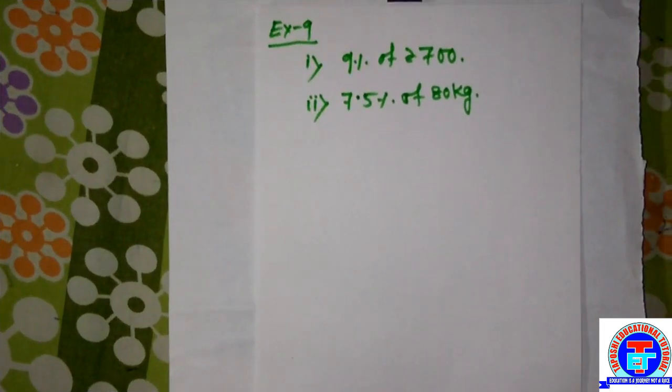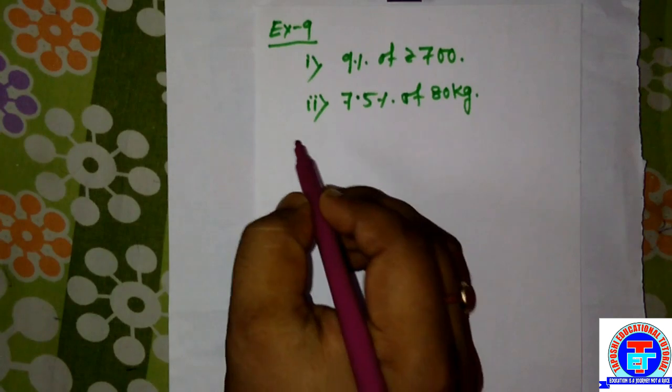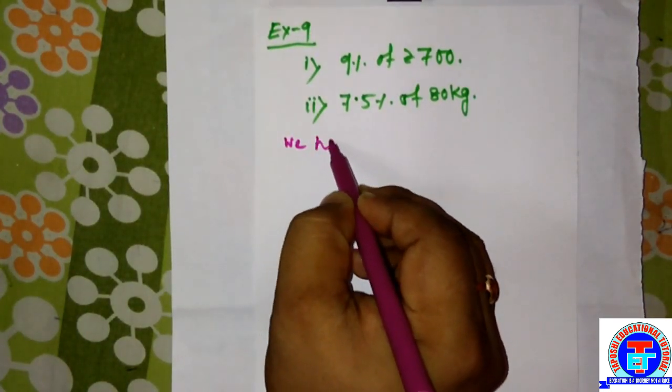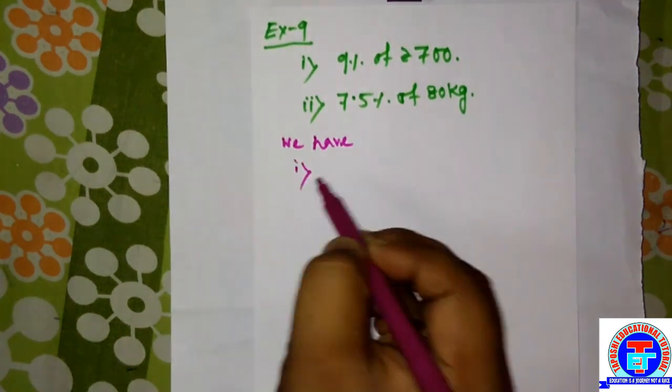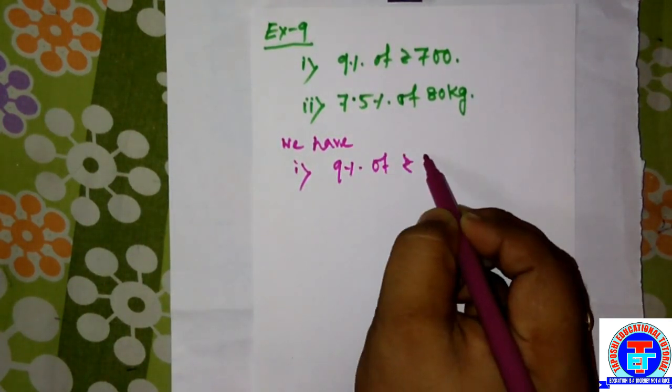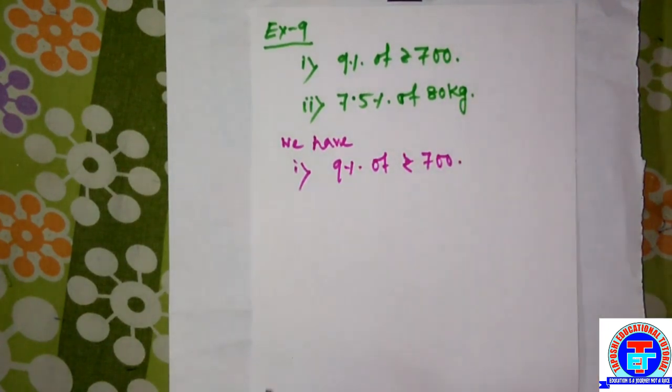Now my dear student, I bring another problem. Problem number 9. Here given, 9% of rupees 700. Okay, so how to solve this one? So we have number 1, 9% of rupees 700, right?